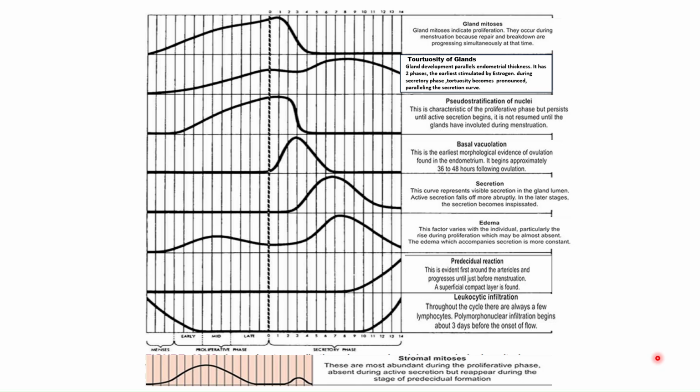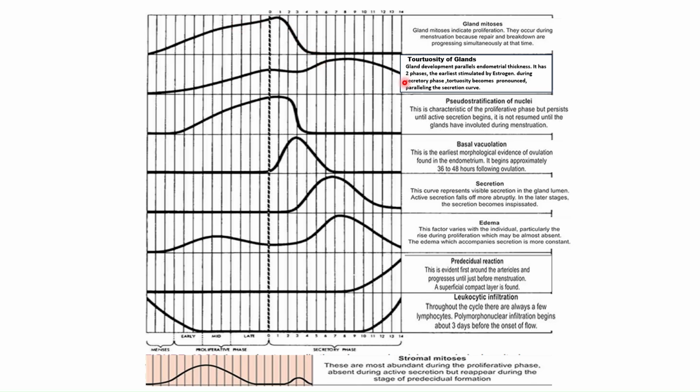So in this diagrammatic view, we can see gland mitosis indicates proliferation. Proliferation increases in the proliferative phase or follicular phase. In the menstrual phase, repair and breakdown are progressing.